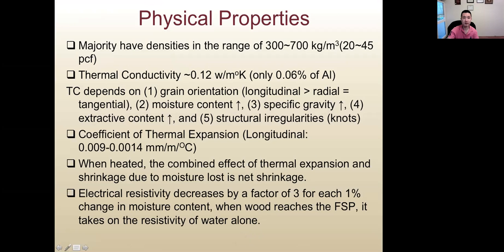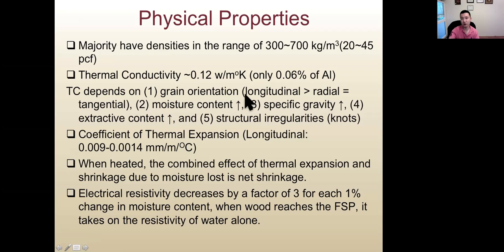For physical property, the density of wood is around 300 to 700 kilogram per cubic meter. For concrete, it is around 2,400 kilogram per cubic meter. So much higher density for concrete. Thermal conductivity of wood is pretty low, much lower compared to concrete, and that is depending on grain orientation.